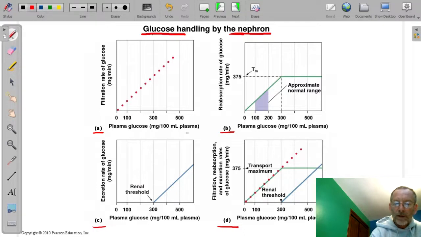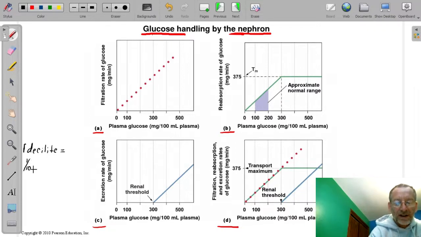So you should probably be familiar with the term deciliter. 1 deciliter equals 1/10 of a liter.